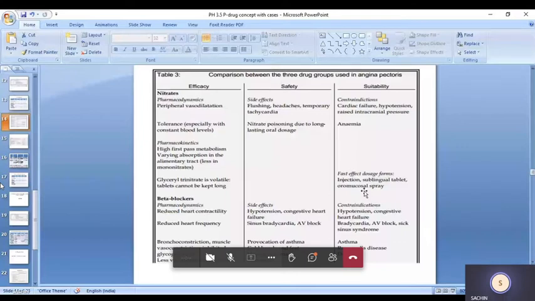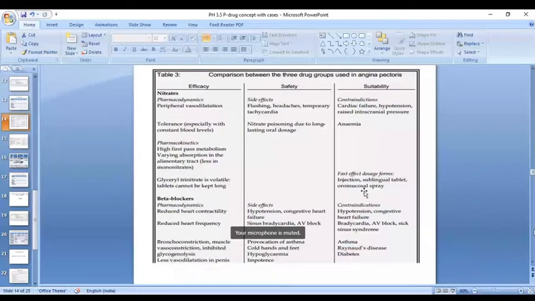Now coming to our other group, the beta blockers. It is again efficacious, decreasing contractility and the heart rate, but there are certain problems with this group: again they can lead to hypotension. If the patient is in acute CHF, then this would further make it worse also. So they would be contraindicated if the patient is hypotensive or having CHF, right?